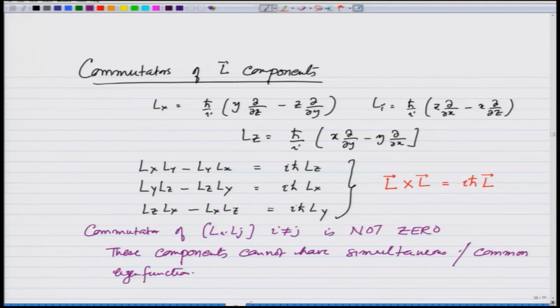Now, what I want to do is, from this I want to calculate the operator for L square, the magnitude of the angular momentum.